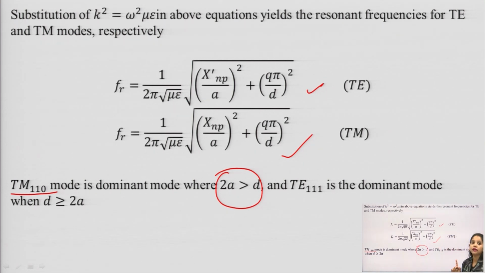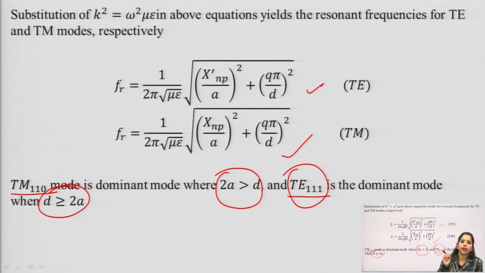This condition is applied in all dominant mode calculations. If this condition is not satisfied, this dominant mode will not exist, and if d is greater than or equal to 2a, the dominant mode changes accordingly to TE111.